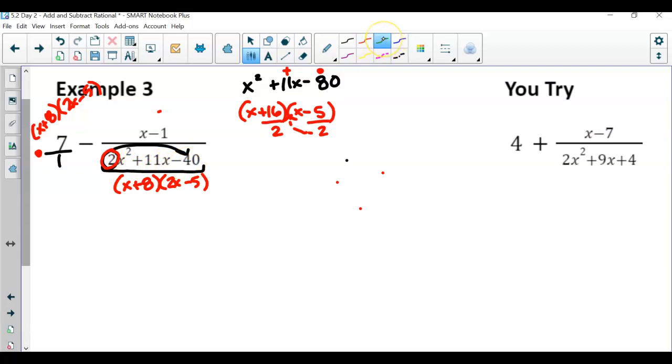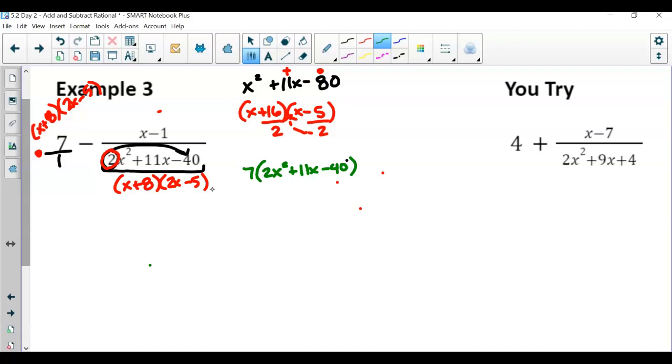So I'm going to go ahead and write this back out, but we are multiplying this by 7. So this is really 7 times the 2x squared plus 11x minus 40, or still in our factored form, x plus 8 times 2x minus 5.